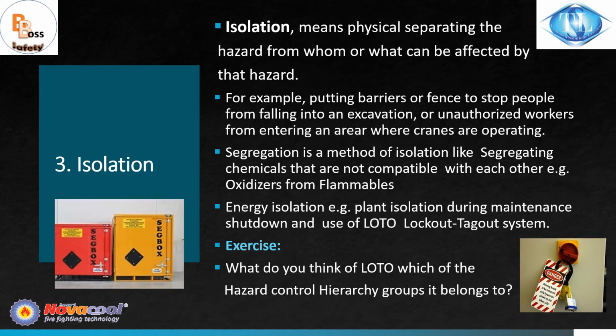Also, segregation of chemicals. We segregate flammable chemicals from oxidizers. Simply, some chemicals are not compatible with other chemicals. If they mix, they can cause a reaction and cause a problem. We have a very famous accident.